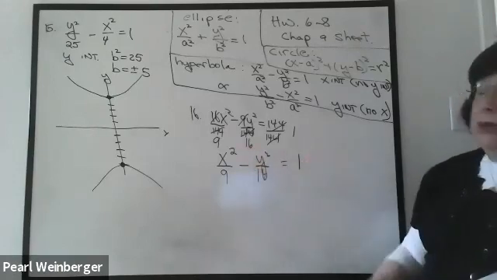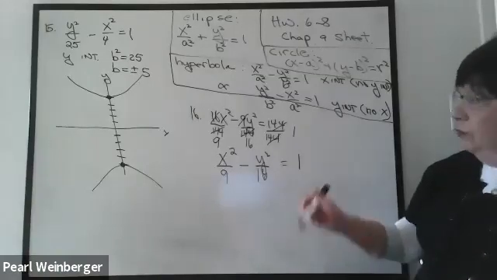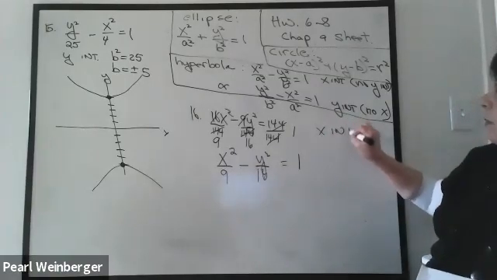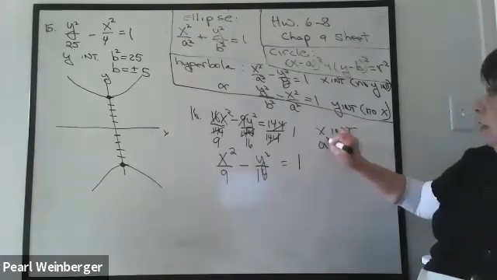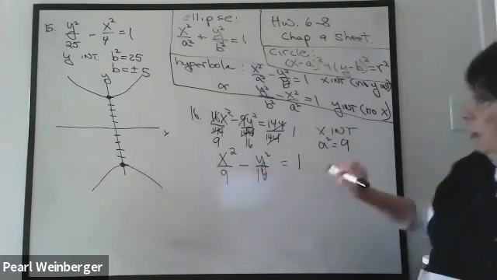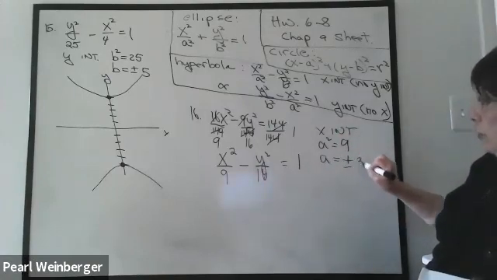Well, in any case, now we're in standard format. We see our x squared is the positive one. So we're going to find our x-intercepts by doing a squared equaling 9, because the number underneath the x squared is 9, which means the a has to be either positive or negative 3.